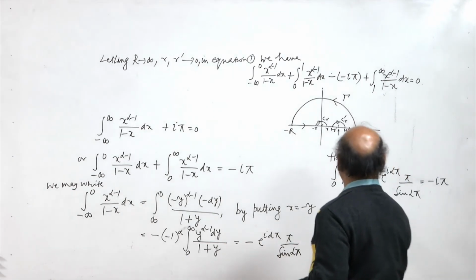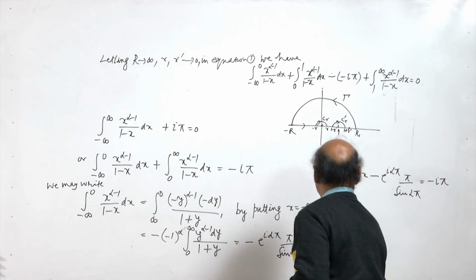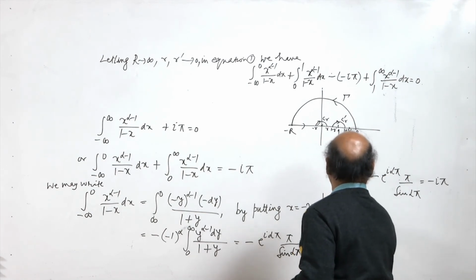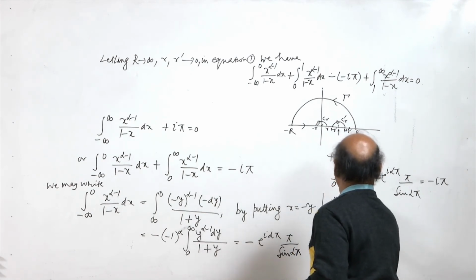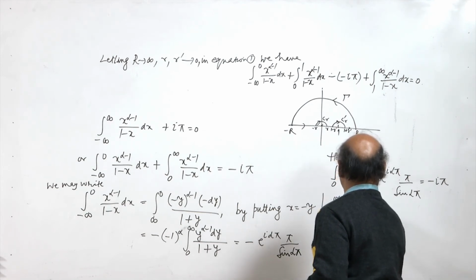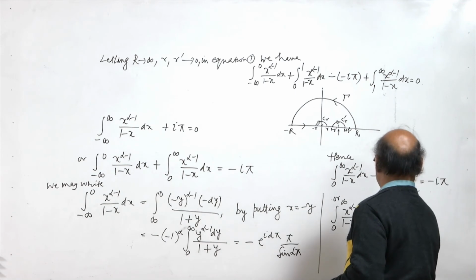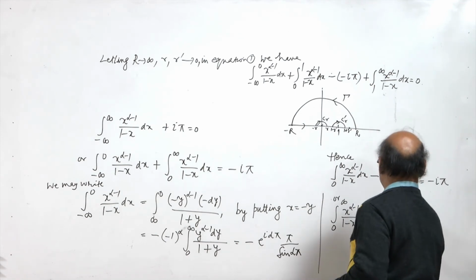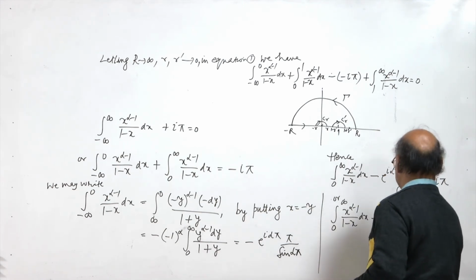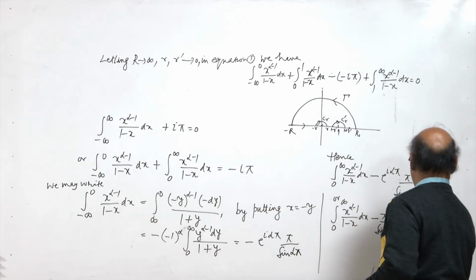So, this is equal to integral 0 to infinity of x to the power alpha minus 1 upon 1 minus x dx, and here I can use Euler's formula. So, pi upon sin alpha pi, and then e to the power I alpha pi I can write as cos alpha pi plus I sin alpha pi.